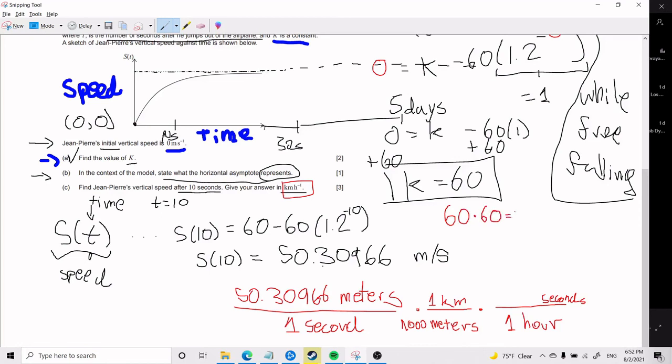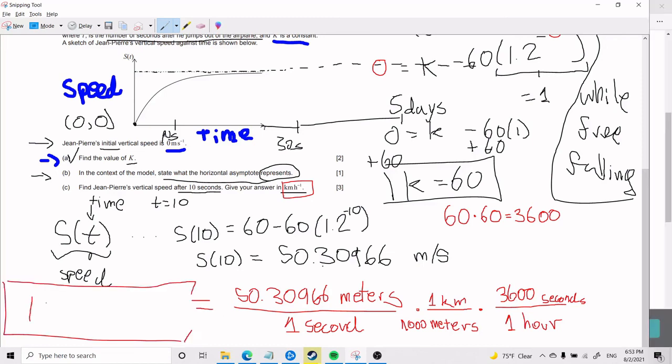So it is just about 3,600 seconds, okay? And so plugging all of this in and using the calculator, we end up with 181.114 kilometers per hour. And so that is for part C.